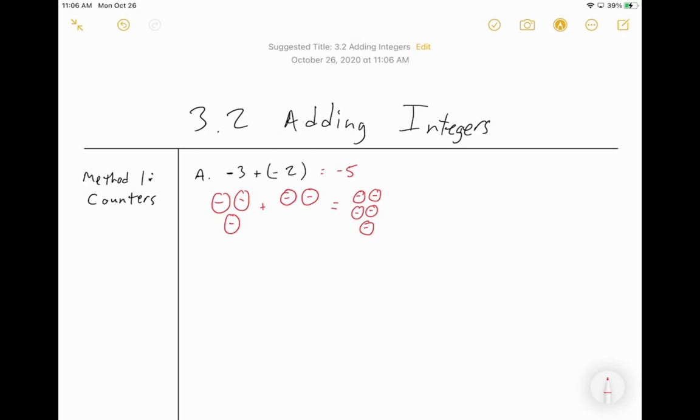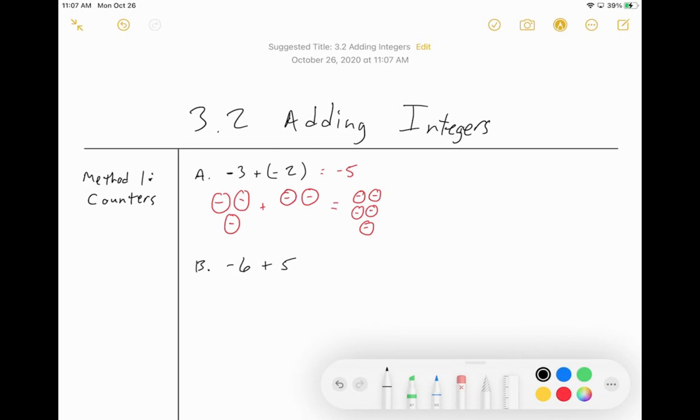Now, where it gets tricky is what if I have like a positive and I have a negative, right? Like a positive and a negative. So let's do a problem like that. So let's say I had this. Let's say I had -6 plus a positive 5. So let's go ahead and draw that out with the counters, okay?